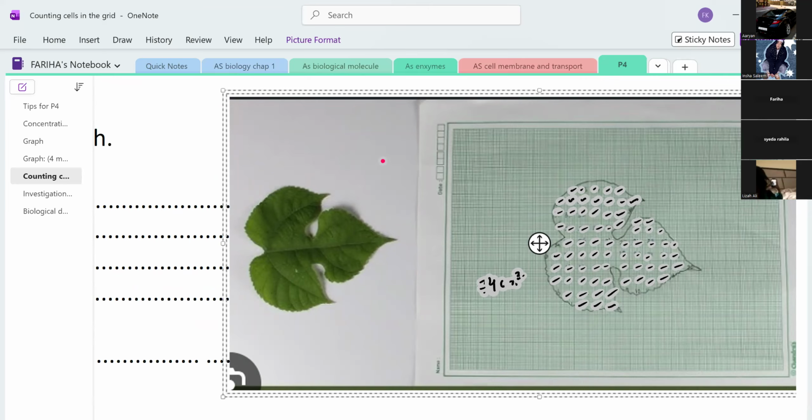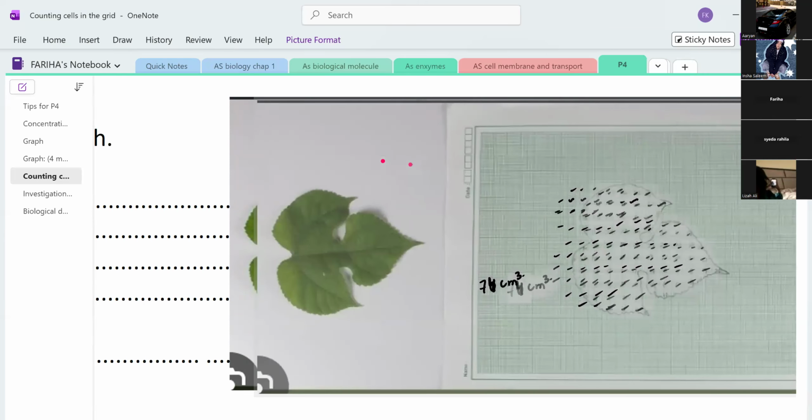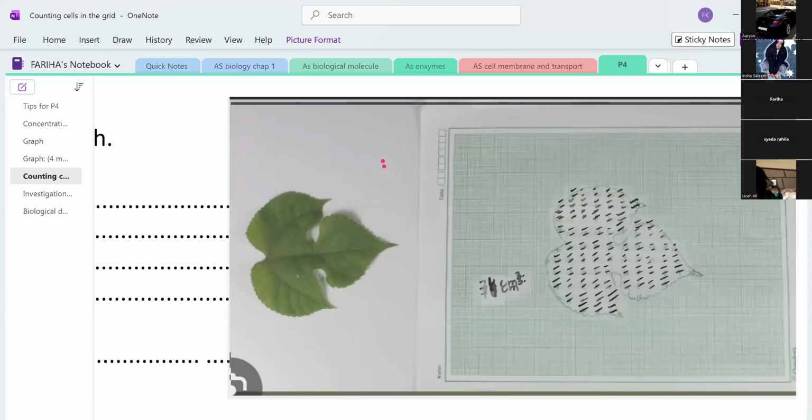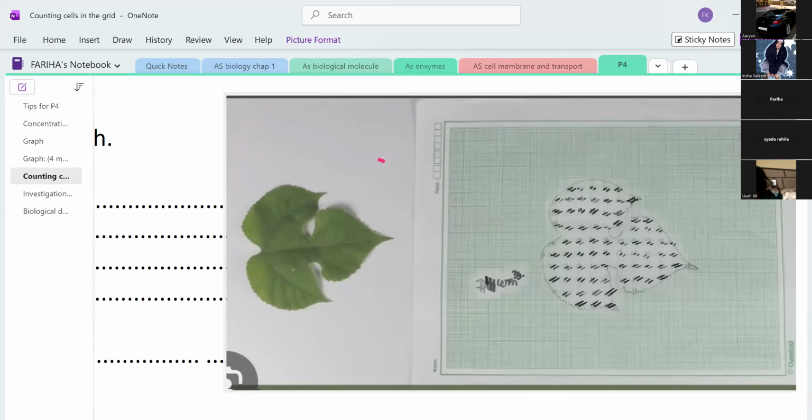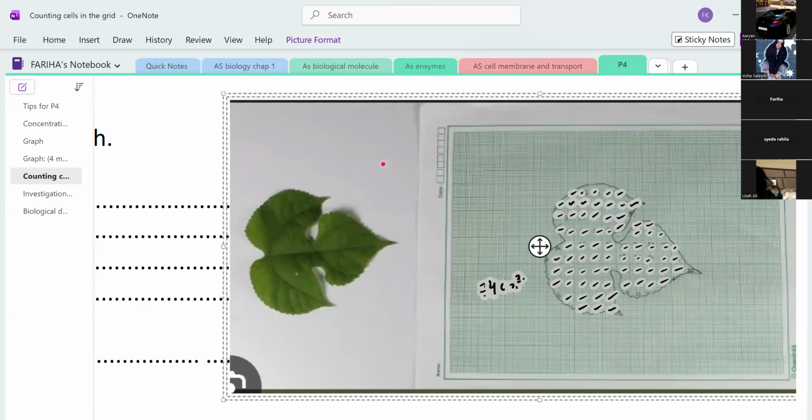Why is measuring leaf area better than just measuring leaf width? Because if we are measuring the width, then there will be some areas that are not covered by the leaf. Yeah, because the leaf width can vary.